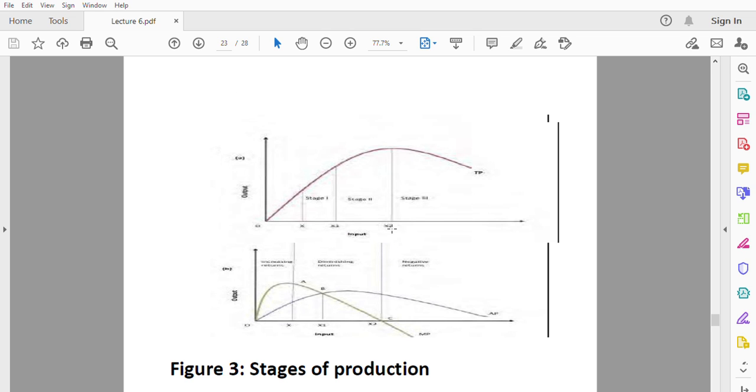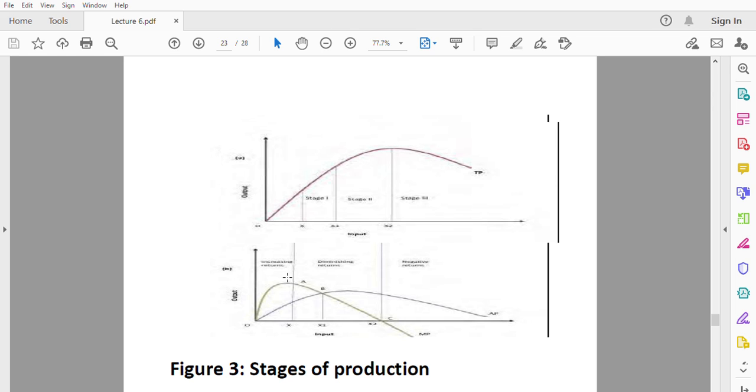Right, so these are the curves that represent the stages. We have stage 1, total product is increasing at an increasing rate. Stage 2, you realize that it has become a bit of a gentle slope, but it's still increasing. Stage 3 is where total product starts falling. Right. So these are the marginal product and average product curves. At stage 1, you could see average product is increasing.